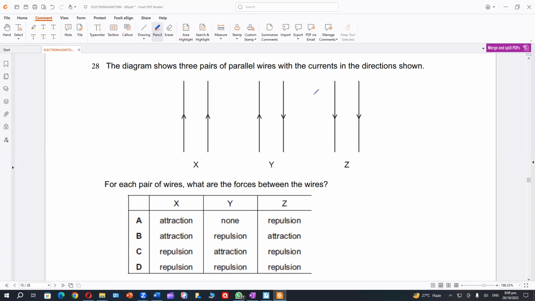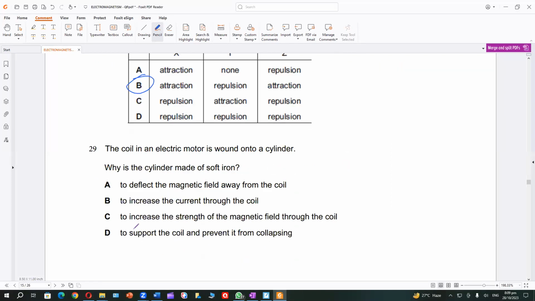Like currents attract each other, unlike currents repel each other. Right.